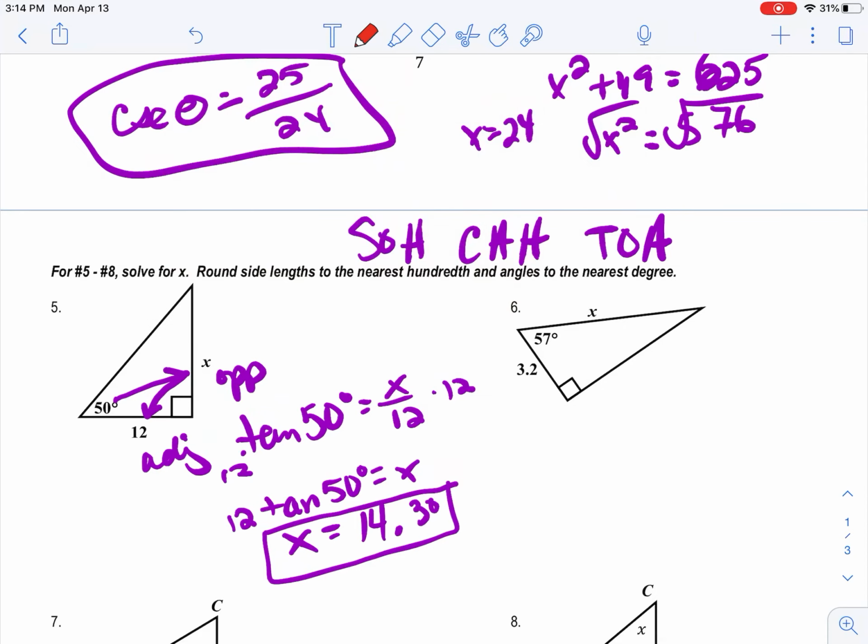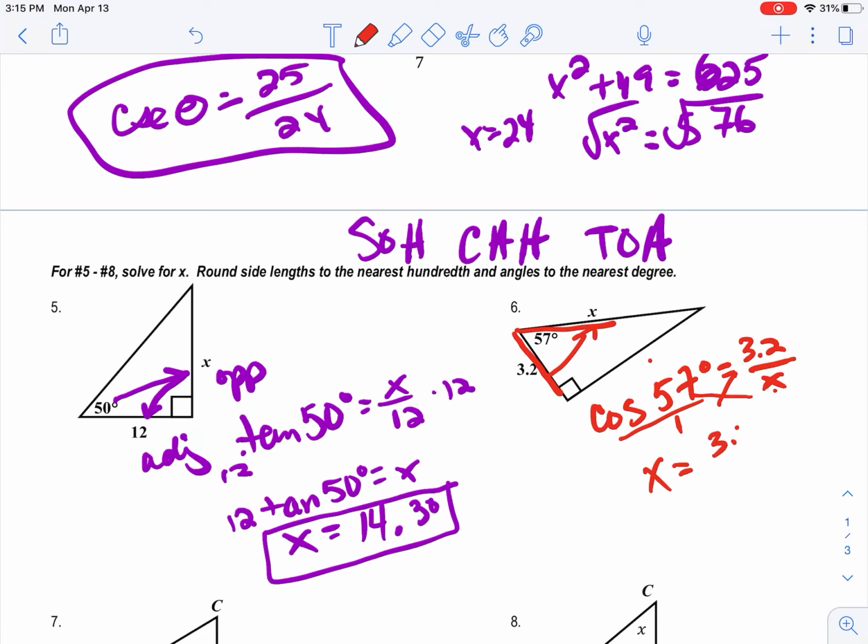Change colors. Here I have adjacent and hypotenuse. So this one's a cosine of 57 degrees equals adjacent over hypotenuse. So I have 3.2 over x. So remember, I would have to cross multiply these. And then x would be up over on this side, which means then to get this by itself, I would have cosine of 57 below.